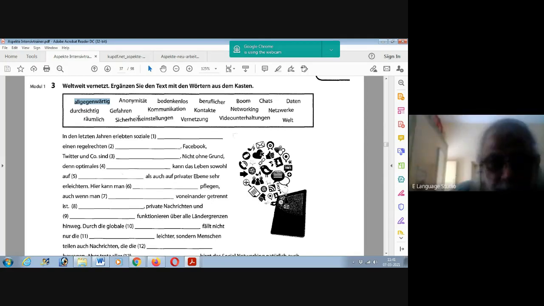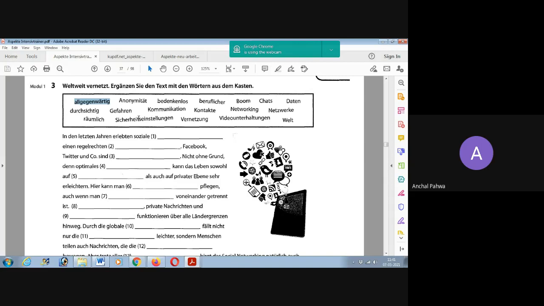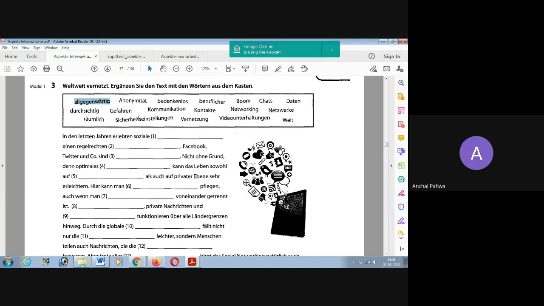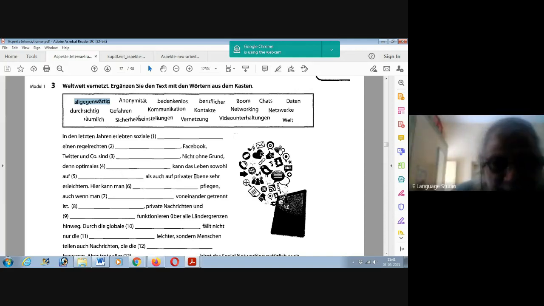Nicht ohne Grund, not without a reason, because optimales something kann das Leben sowohl auf beruflicher als auch auf privater Ebene sehr erleichtern. It's not without a reason. Why are they omnipresent?